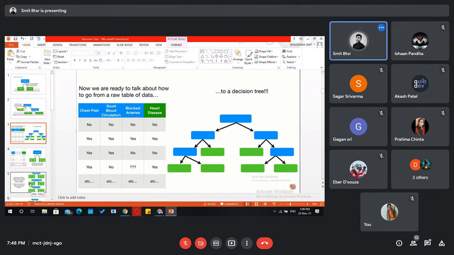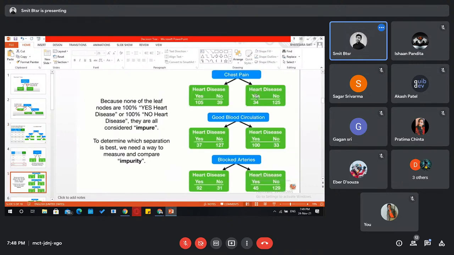Now coming here, as we have seen, none of the relations were clear. None of them were showing any clear difference or purity. So we cannot make our judgment on the basis of one feature, like whether there is chest pain or not.